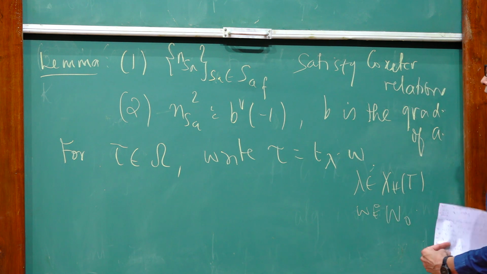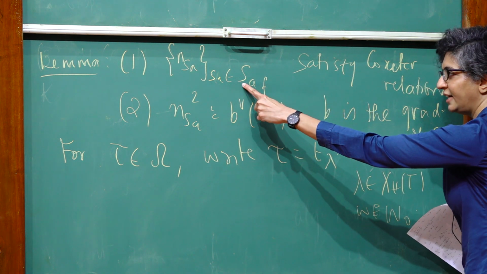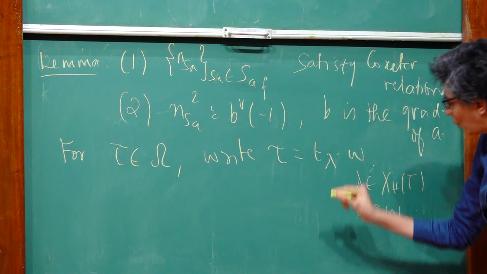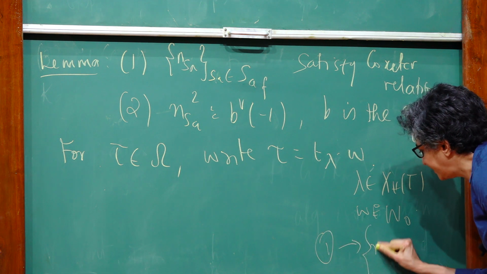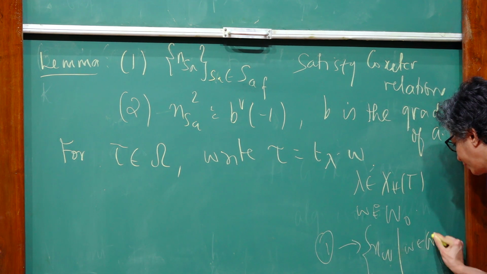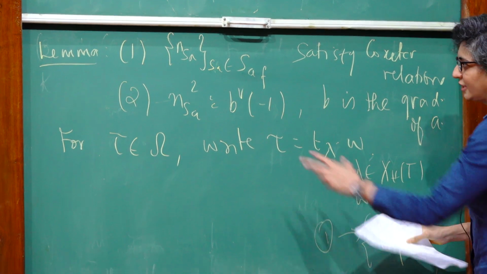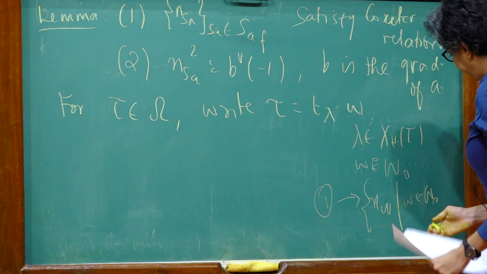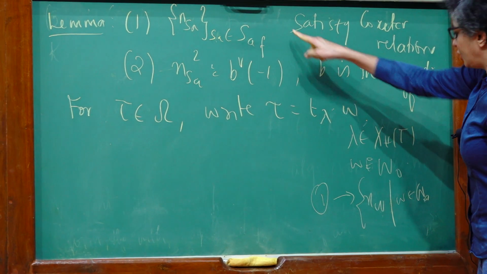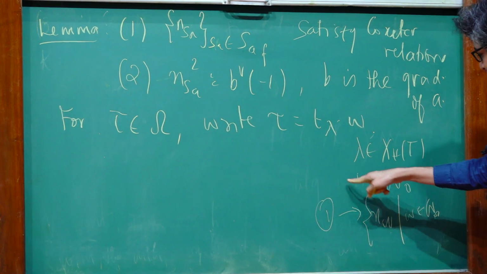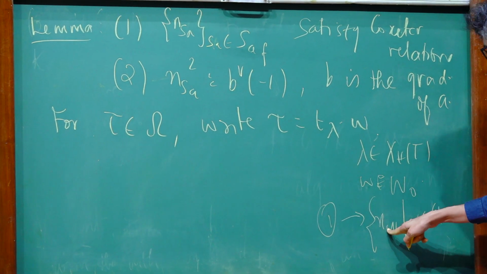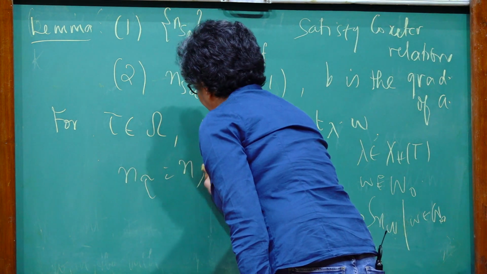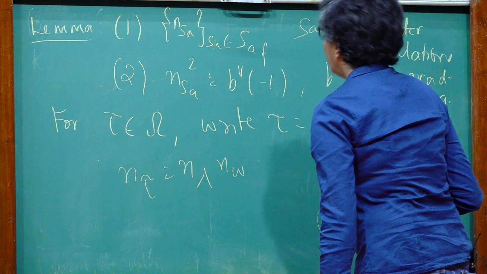Note that because the N_{S_A} satisfy Coxeter relations, for any w, condition 1 will give rise to a set of representatives N_w, w in W0. Of course this is actually for the affine Weyl group, but in particular it also gives it to you for the finite Weyl group. Because these conditions will tell you that it doesn't matter what choice of reduced expression for w you have, the representative is the same. And then you choose N_tau to be N_lambda times N_w.